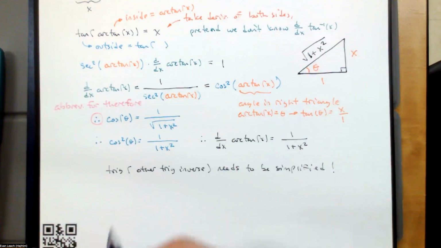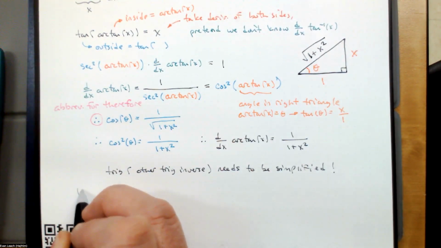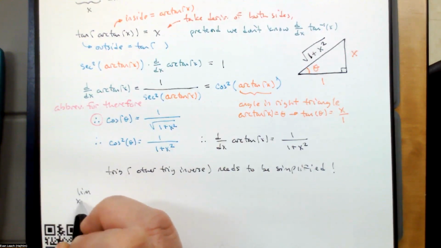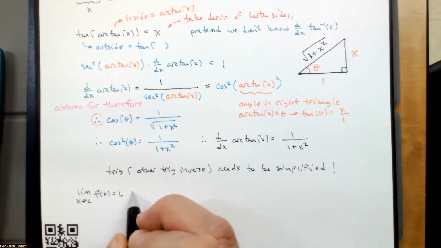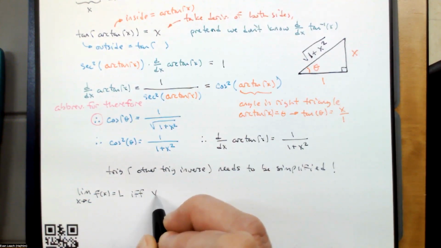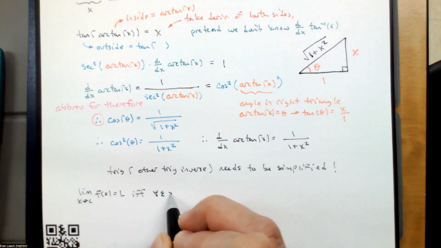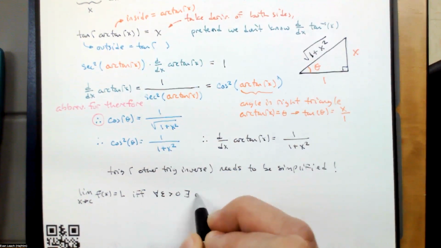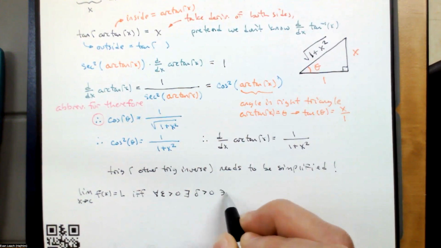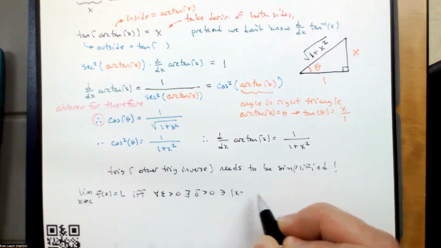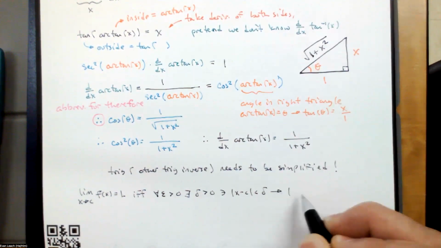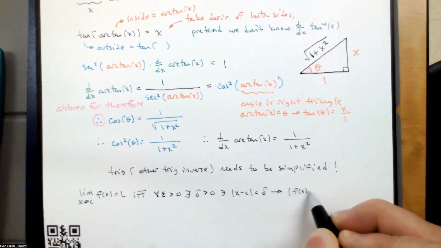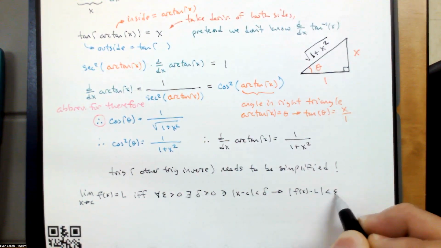Remember the definition of a limit? We can write the definition of a limit by saying, first of all, this is an abbreviation. Limit as x approaches c of f of x equals L, if and only if for every epsilon greater than 0, there is delta greater than 0, such that absolute value of x minus c less than delta implies absolute value of f of x minus L is less than epsilon.